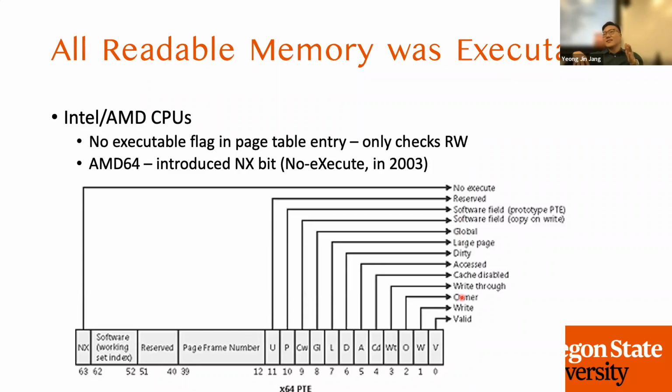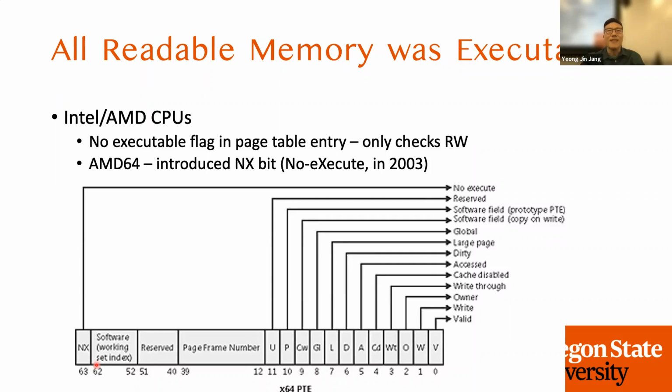But when AMD extended their CPU to AMD64, and Intel followed, changing from x86 to x86-64, because the page table entry is now 64 bits, we have more space. So they took the highest bit, the 63rd bit, and set it as a no-execute bit. If that bit value is 1 and the CPU tries to execute on it, it will generate a general protection fault.